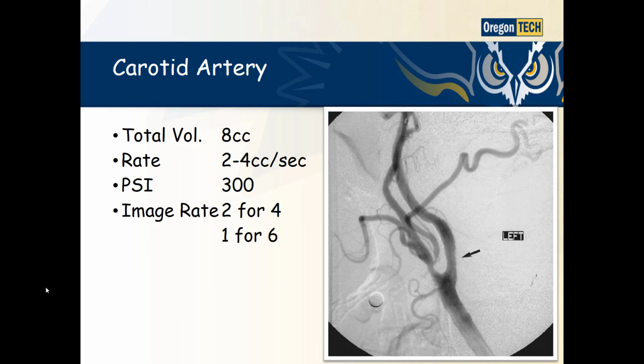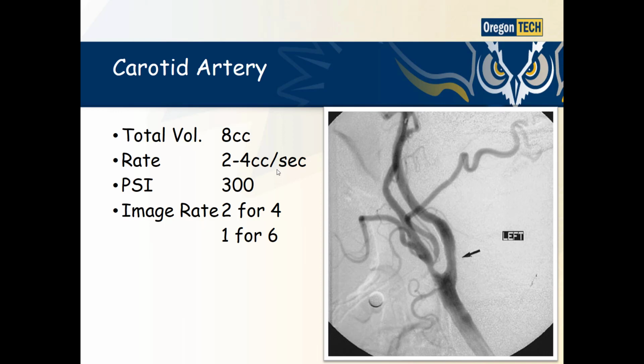Now remember, these parameters, don't get hung up on them. This is just to give you an idea. We're going to talk more about the anatomy as we go through here. But for carotid arteries, you want to have a total volume of 8 cc's of contrast media. The flow rate is going to be anywhere from 2 to 4 cc's.